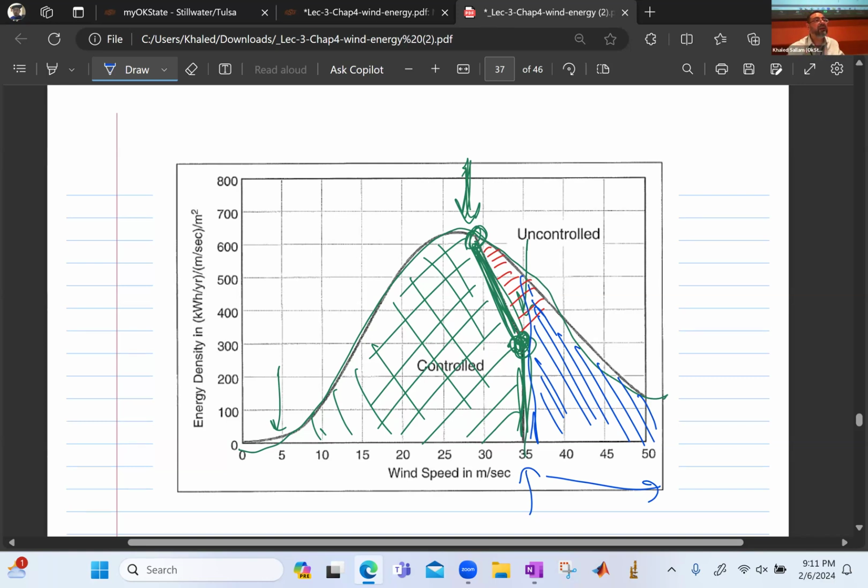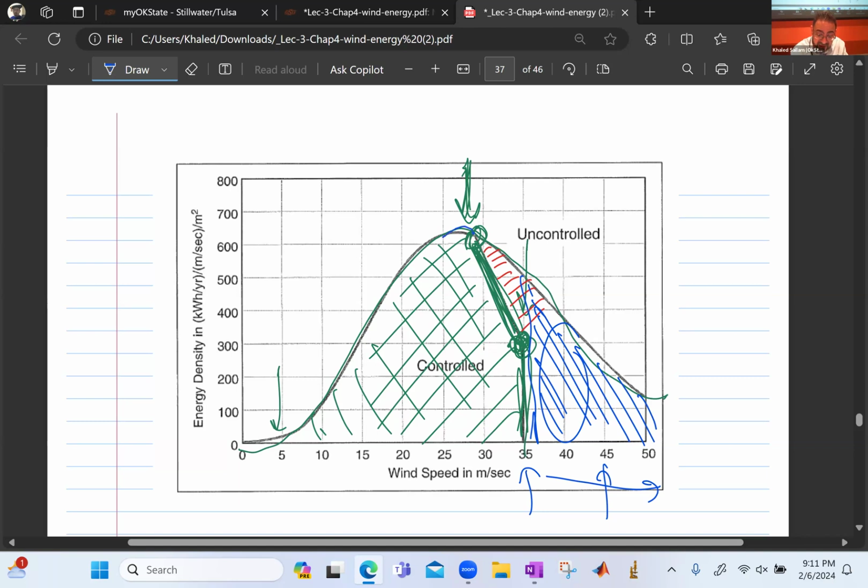So having this curve allows you to see what we get if we make our turbine run longer. If we get a better model that can work up to 45, how much is the part that I am losing? It allows you to see what is available and what part you are harvesting. Does this make sense? Right?